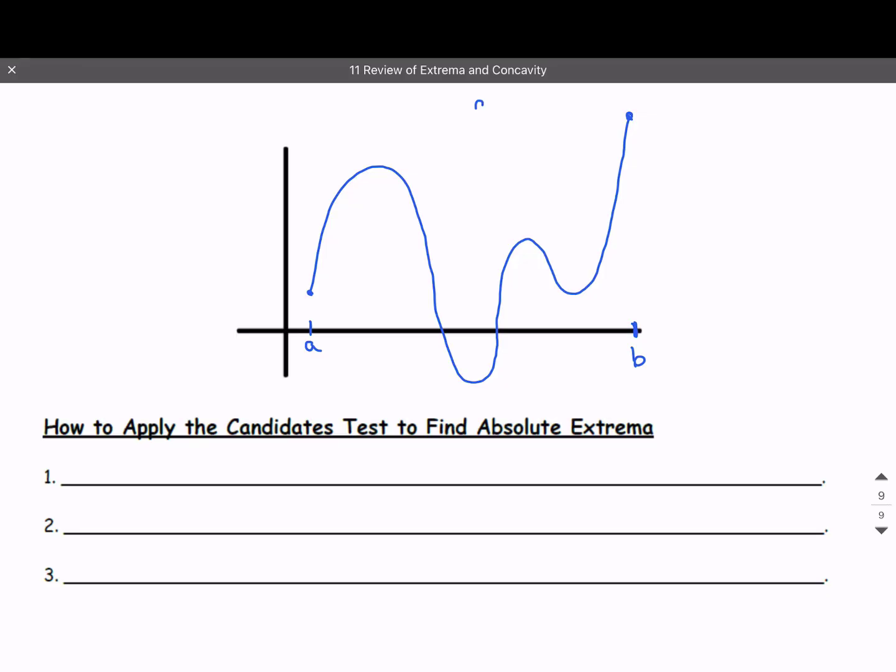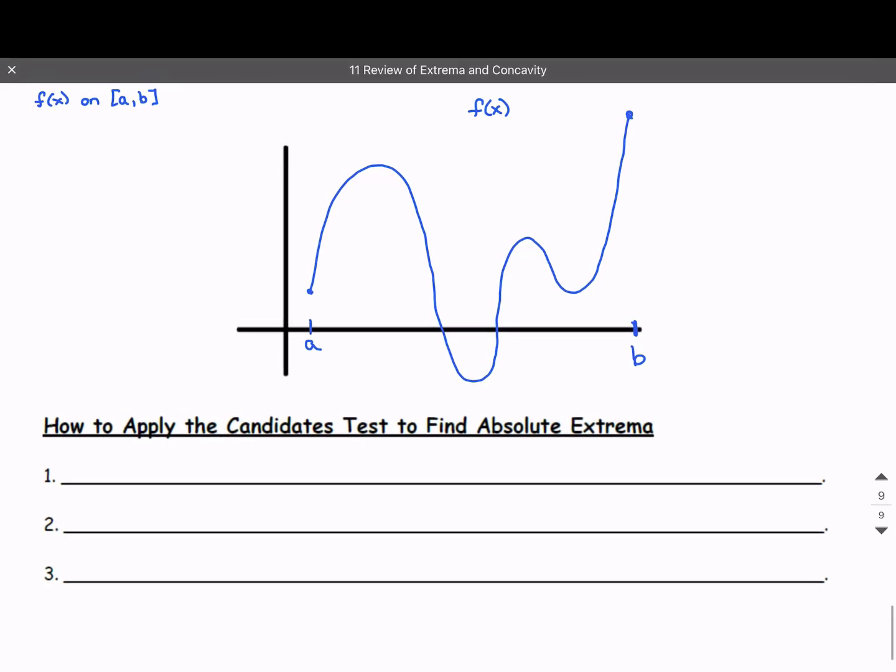And this is our function f of x. So we are definitely on a closed interval, f of x, on the closed interval from a to b. And if we take a look here, we have an absolute maximum here at this endpoint, and we have an absolute minimum here.